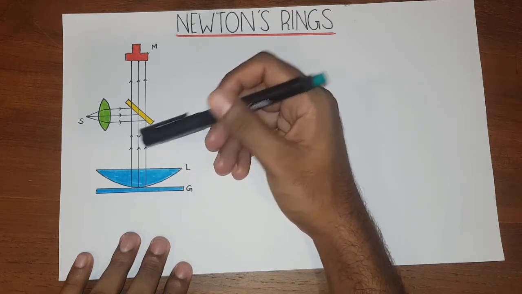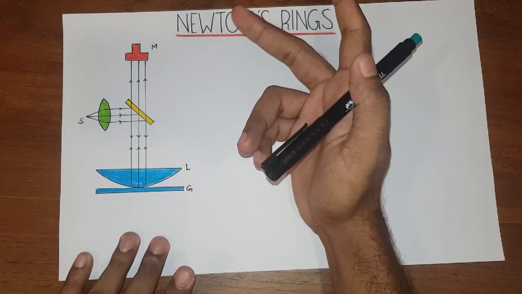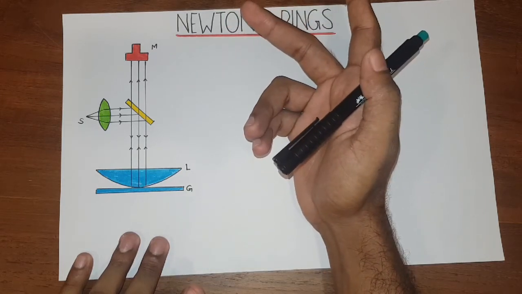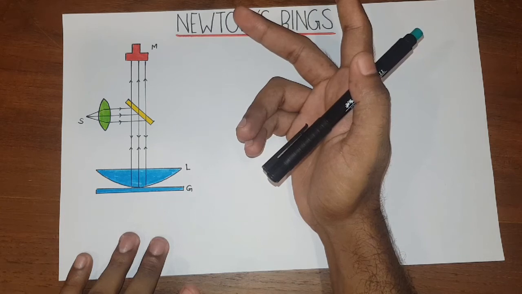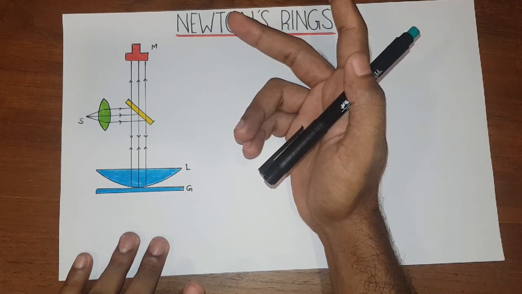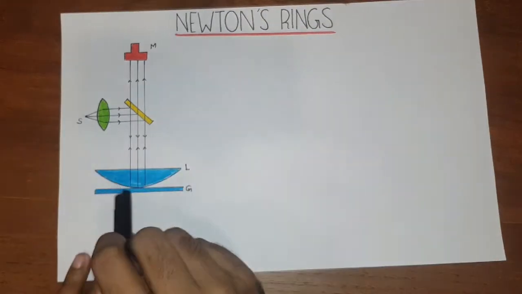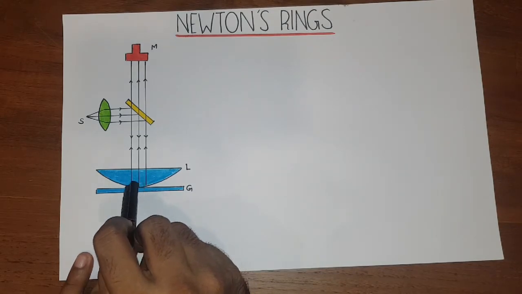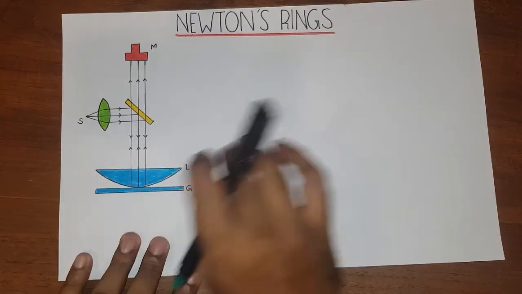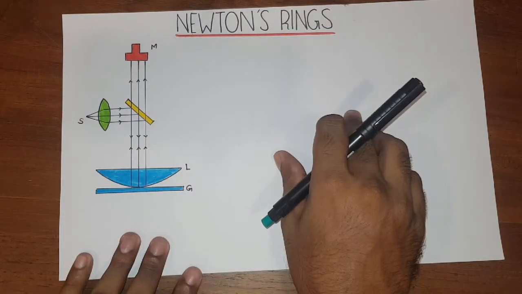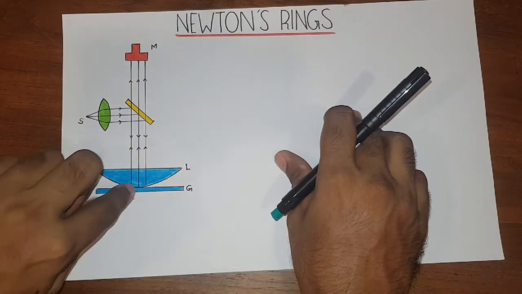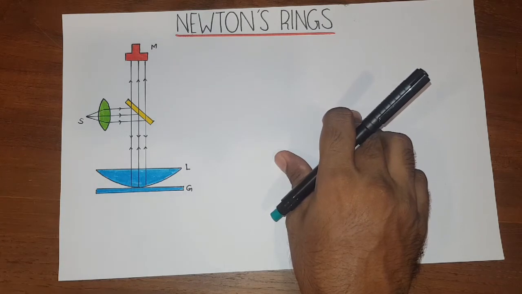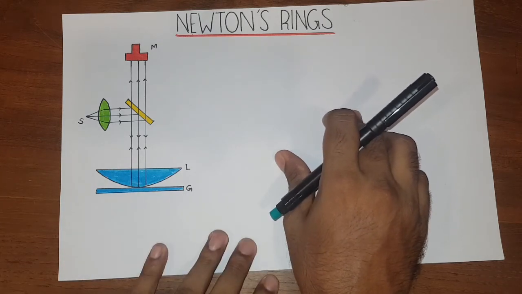So these two rays will be interfering destructively, which we already know that any two rays which have a path difference of lambda by 2 will always interfere destructively. So always the center or the central fringe in Newton's ring will be a dark fringe, because the rays from this part will be interfering destructively.